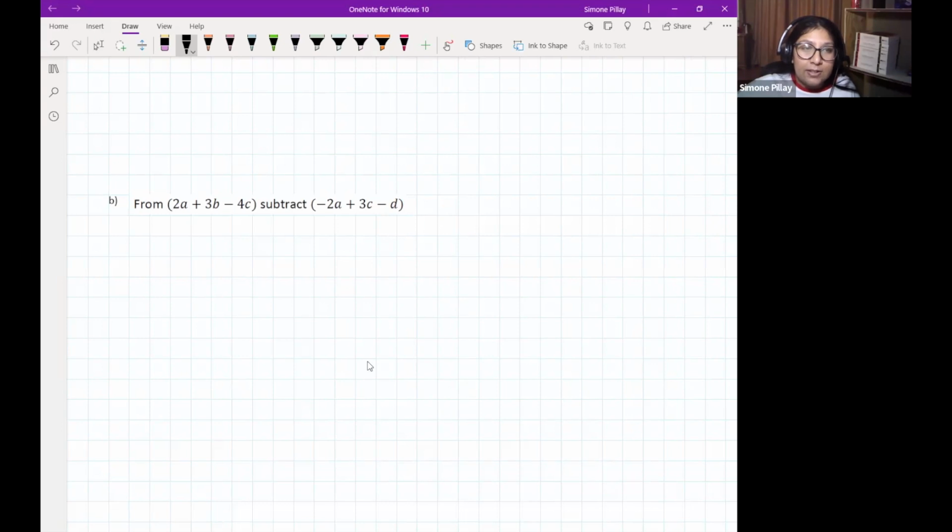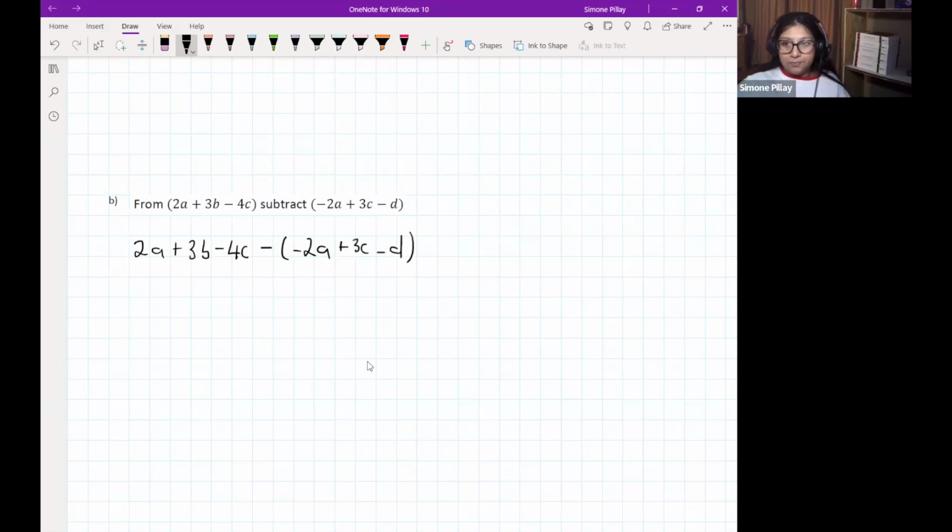So it says I have 2a plus 3b minus 4c. From this, I need to subtract negative 2a plus 3c minus d. Plus 3c.